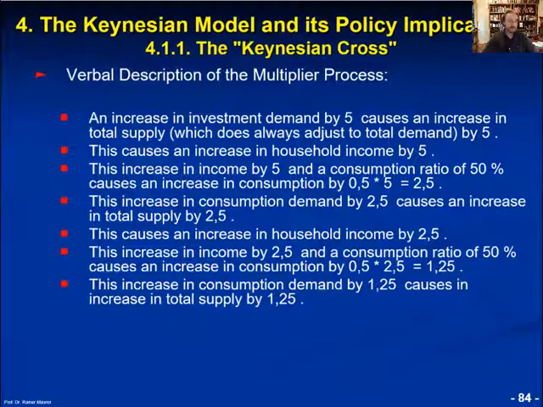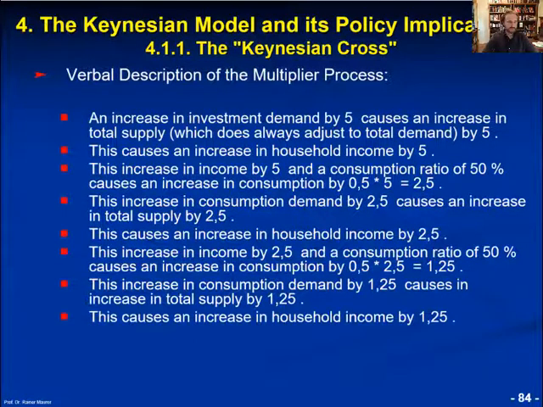This additional increase in consumption demand by 1.25 causes an increase in total supply by 1.25. This causes an increase in household income by 1.25.